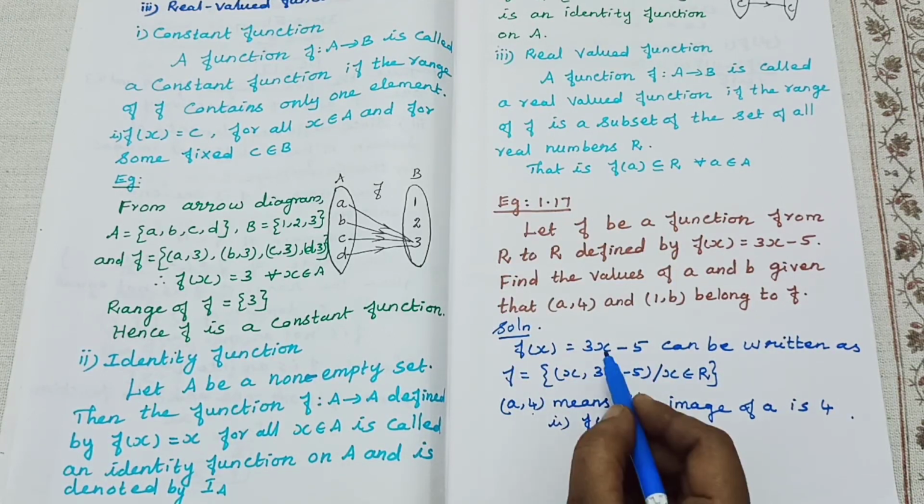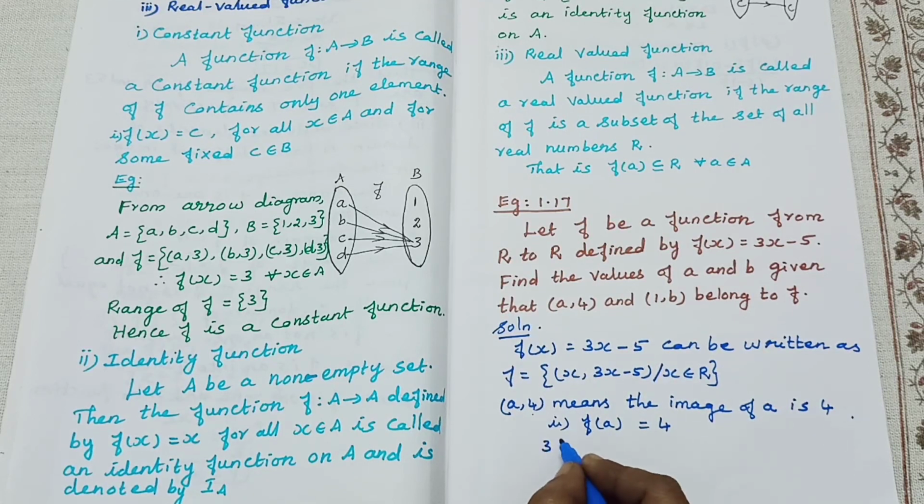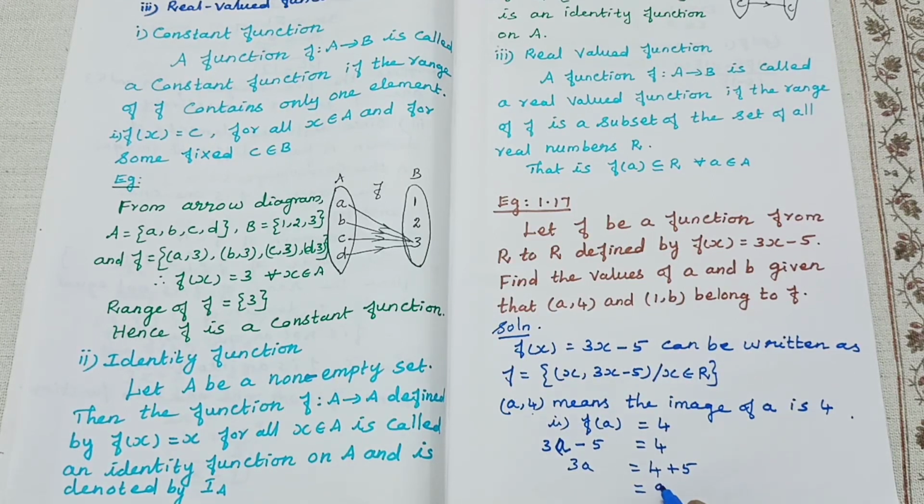Then 4 plus 5 is 9, isn't it? 3a is equal to 9. Therefore, a equal to 9 divided by 3, so it cancels and 3 will come. Therefore, a equal to 3 is the answer. First question answer we got. Okay. Like that, b also we have to find.